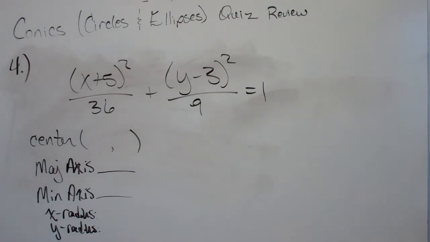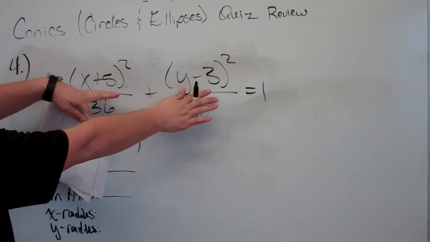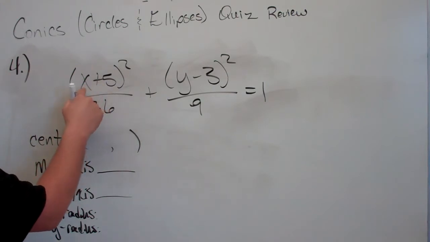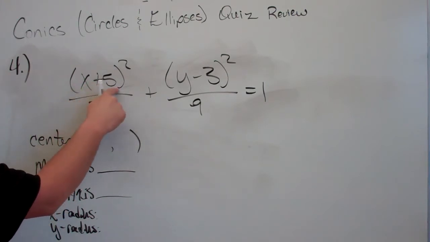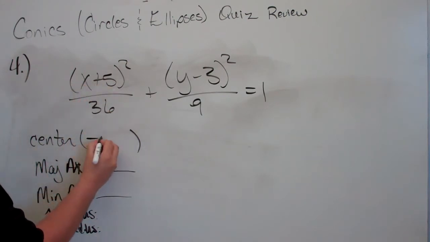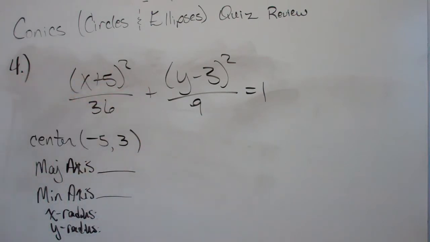So the center is easy to find. Remember your equation, the top of this looks just like your circle. It works just like a circle. So we know that this is x minus h. Since this is plus 5, it's going to have to be minus negative 5, and then 3.